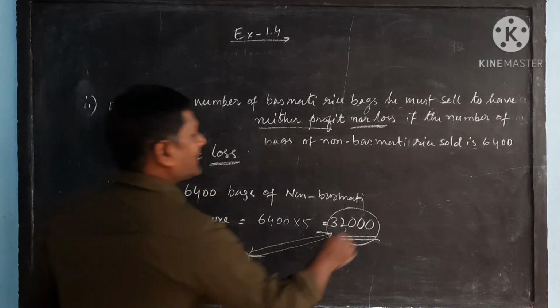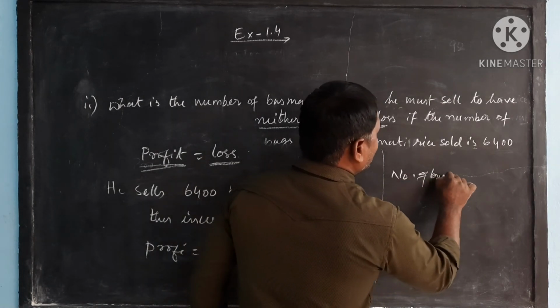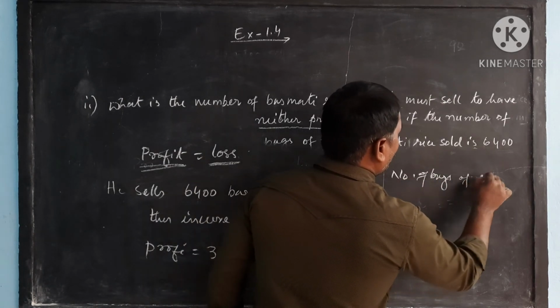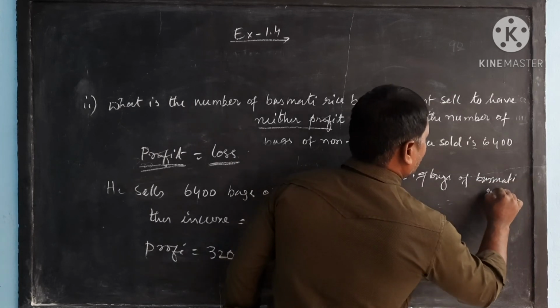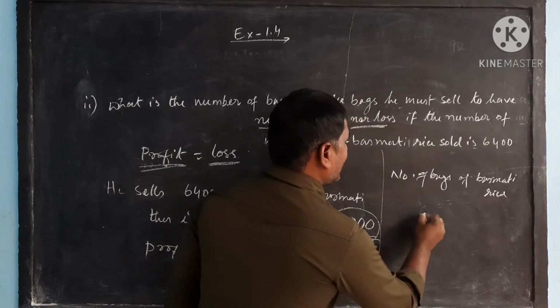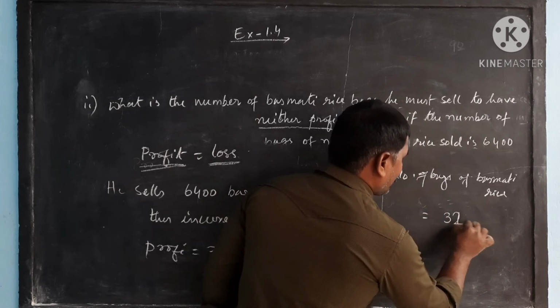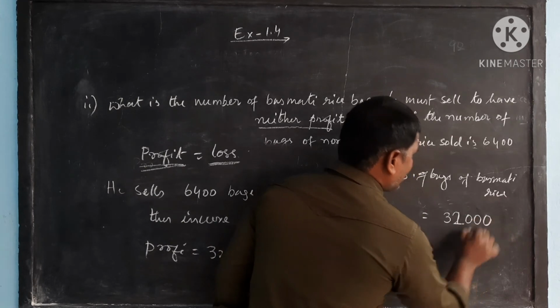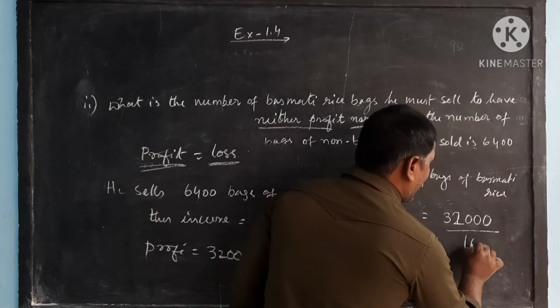Then the number of bags of basmati rice he must sell is equal to the total profit, which must equal 32,000, divided by the profit on each bag.